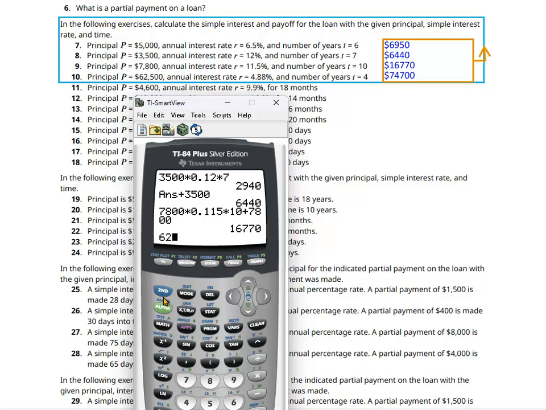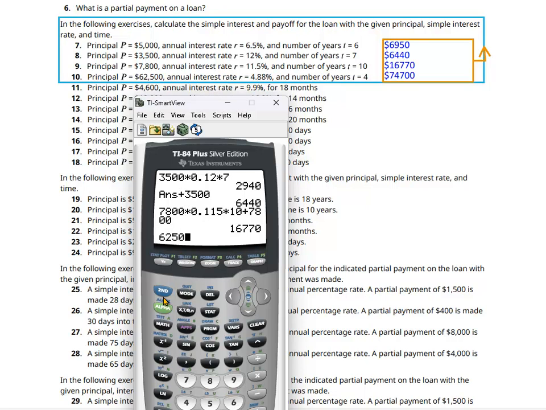And the fourth problem that I wanted to do is this one, times 0.0. Okay, sorry, I made a typo, so I have to start over again.